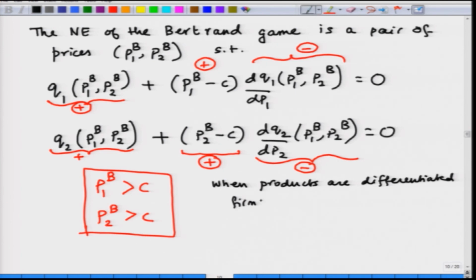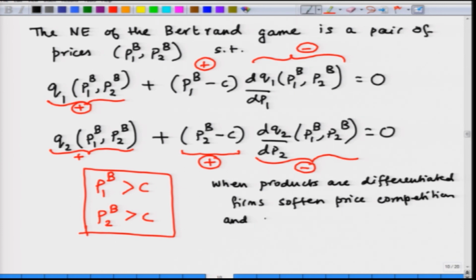firms soften price competition and charge higher prices. The incentive to undercut is a lot lower, right, because the price competition is a lot softened.